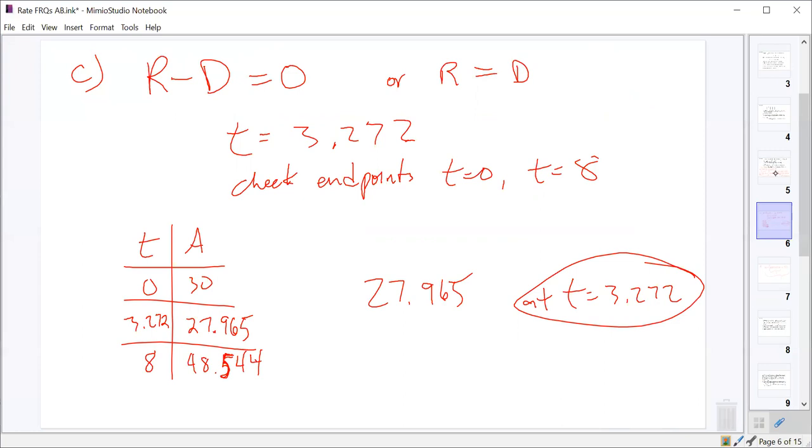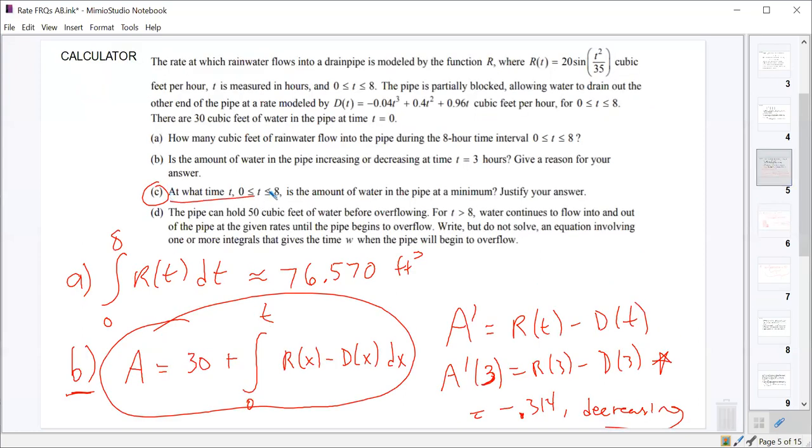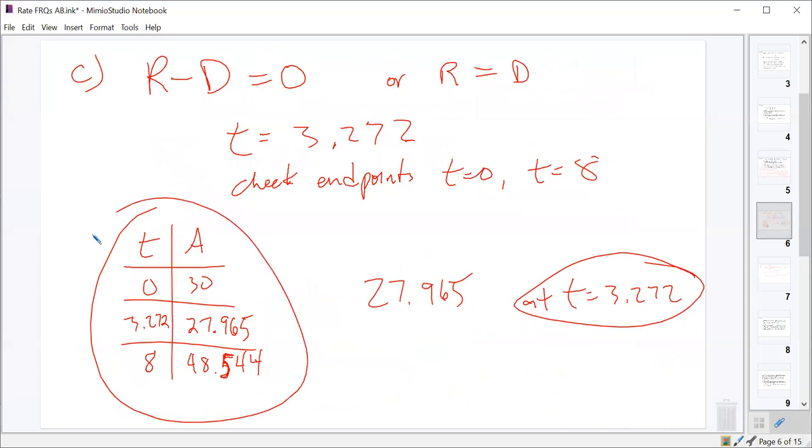This specific question says at what time is it at a minimum? So your final answer should be the time at which it's at a minimum. Yeah, exactly. This is your justification. You found the critical value, you checked the endpoints, and the lowest one was at 3.272. Yep.